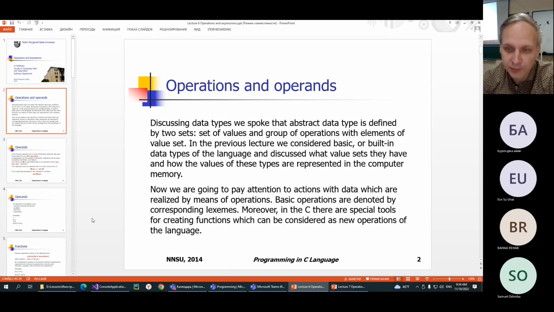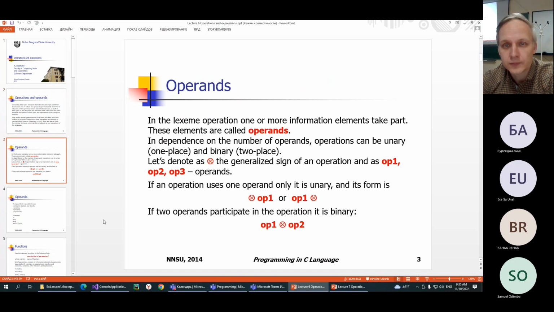Some operations are represented as functions in the C language. In the lexeme, one or more information elements take part in the operation. These elements are called operands, or arguments of this operation.